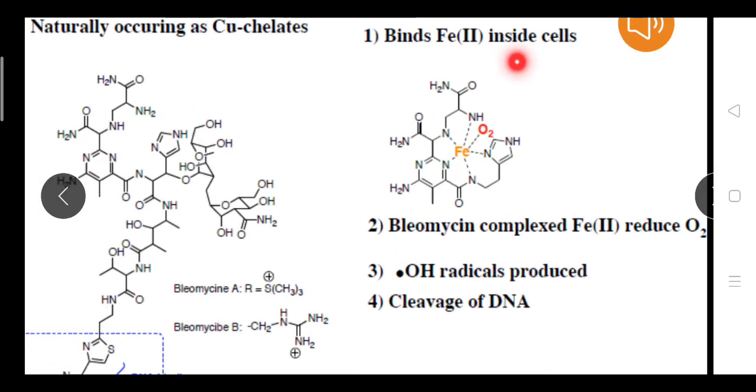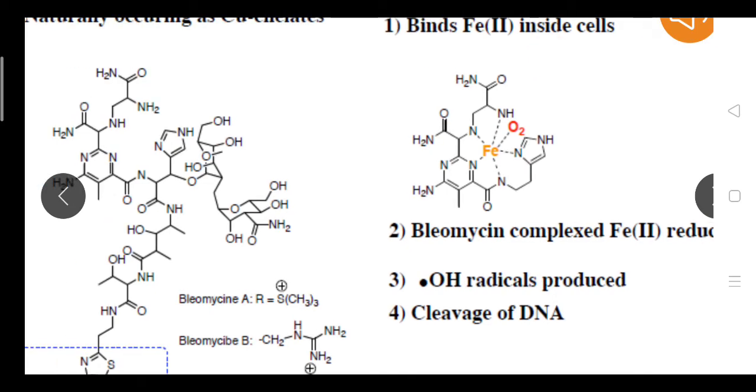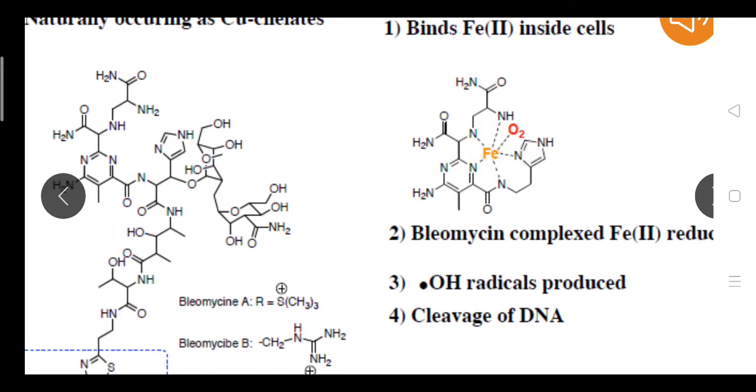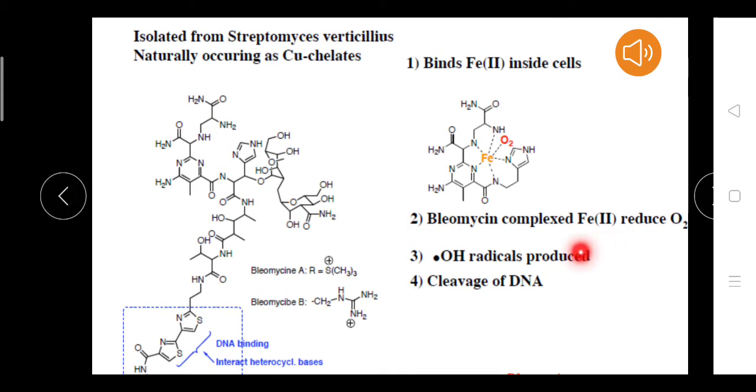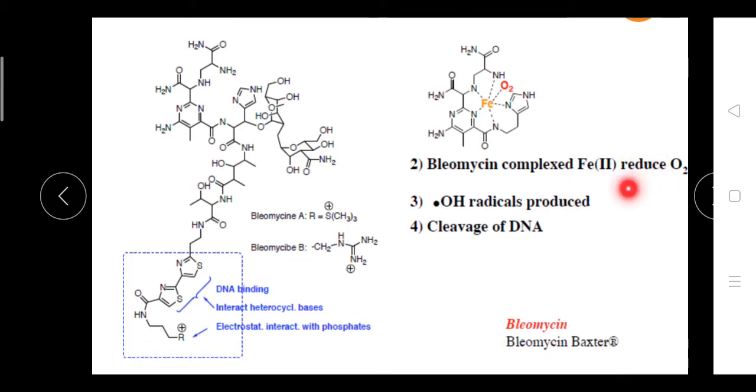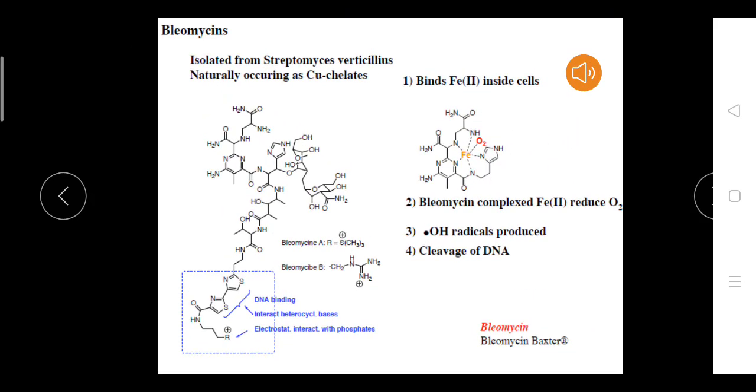Here you can see the binding of the bleomycin with the ferrous ion. This complex of bleomycin with ferrous reduces oxygen, and due to reduction of oxygen, superoxide radicals, free radicals are produced, and these superoxide radicals cause cleavage of the DNA.